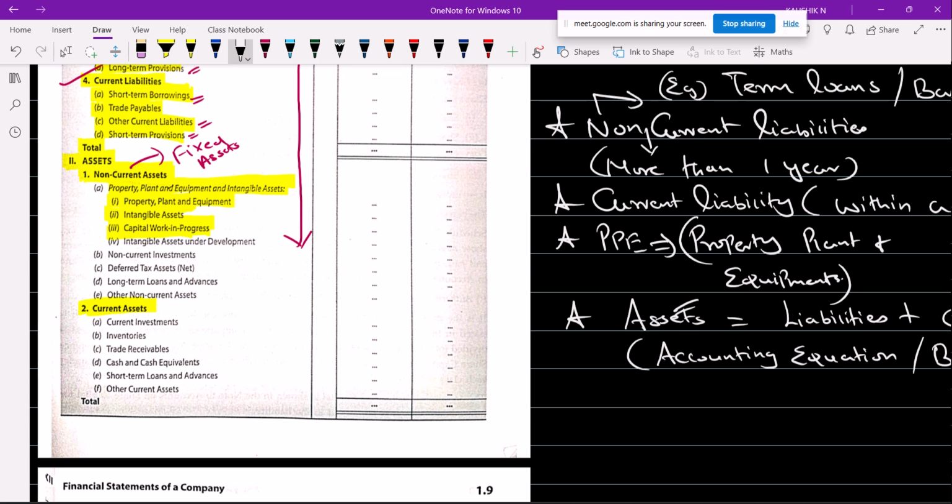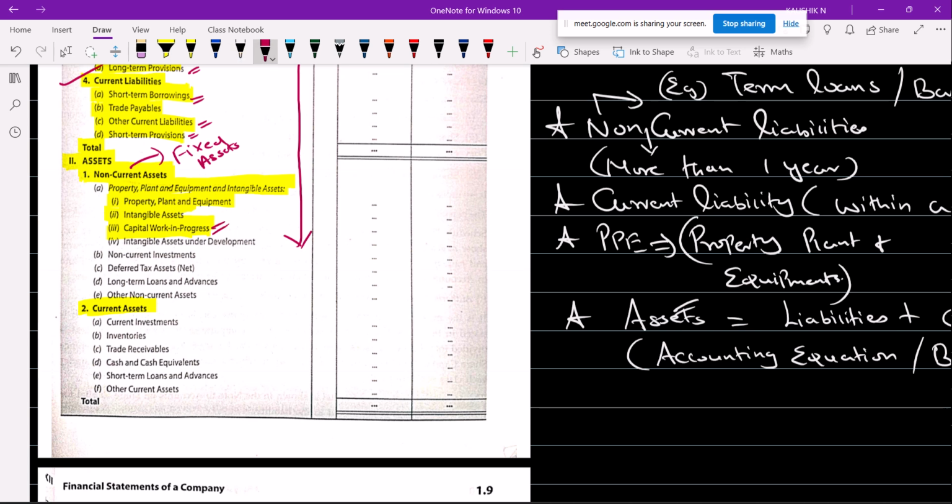The remaining work should be completed. That means some pending items are there. So it doesn't mean that the work has not been started or not been completed. It has been completed to some extent. The remaining is yet to be done. So that's why we call it work in progress. It's a part of a capital, so we call it capital work in progress.